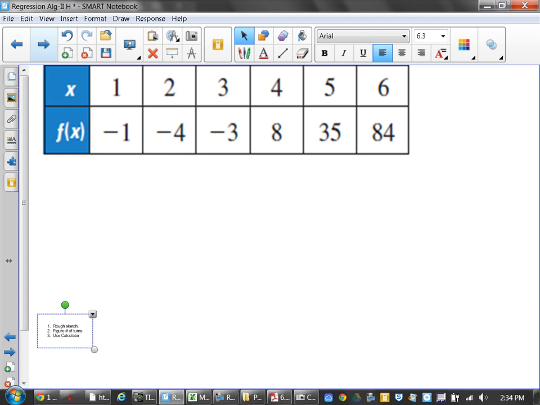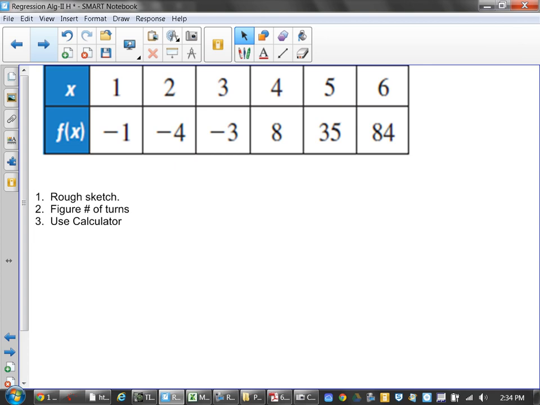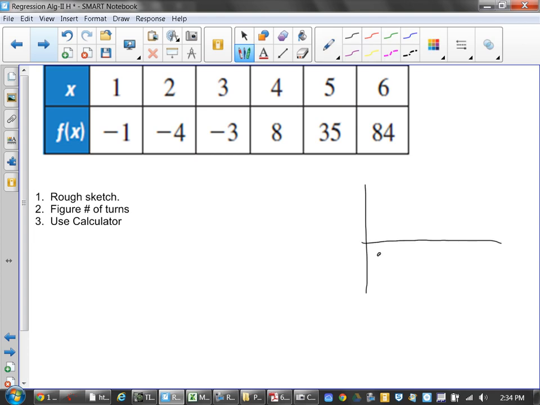It's going down, then comes up. If it was fourth degree, it would go down, come up, then go down again, or go up, go down, and have those shifts. So it's that hook. When I see that hook like that, I'm going to automatically go with a cubic function.